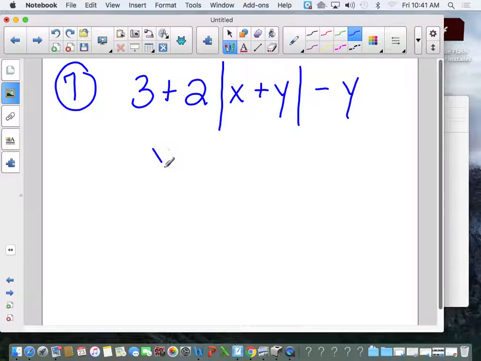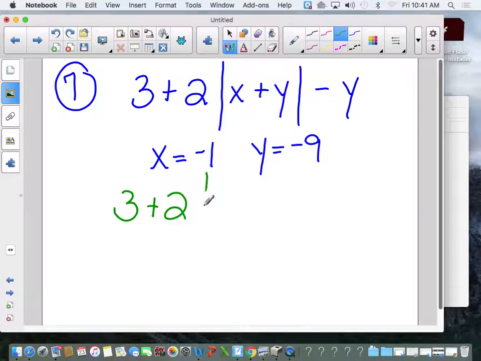And I'm telling you that x is equal to negative 1 and y is equal to negative 9. So before I can do anything, I need to substitute in those values. So here, my new statement is 3 plus 2 times the absolute value of negative 1 plus negative 9.